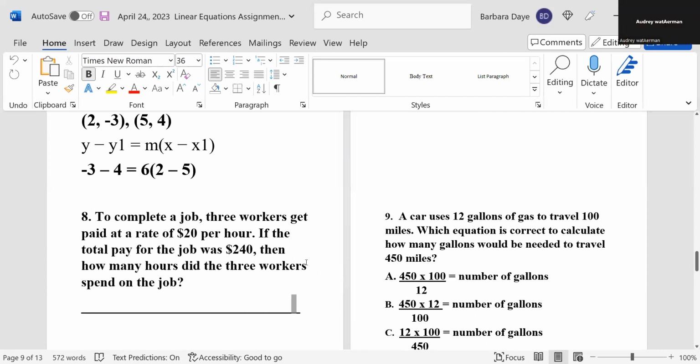Okay, let me go back. They were paid at a rate of 20 and the total pay was 240. And they were getting $20 an hour. So how many hours did they spend on the job?